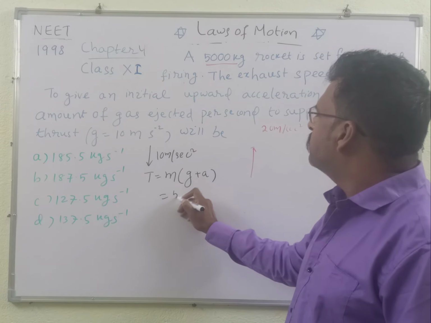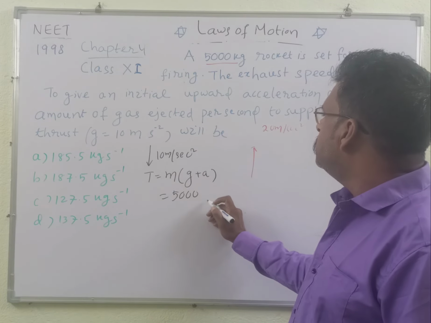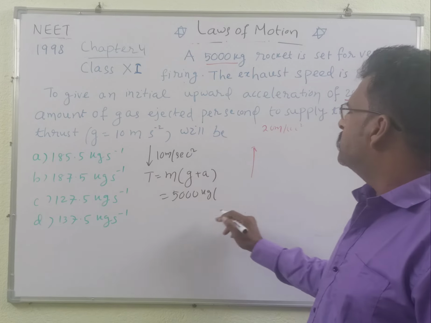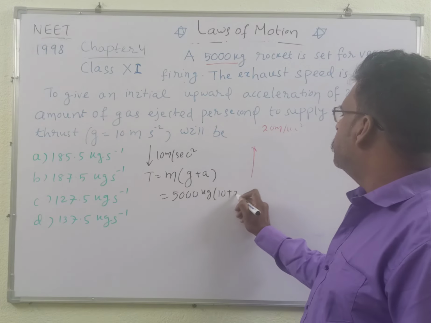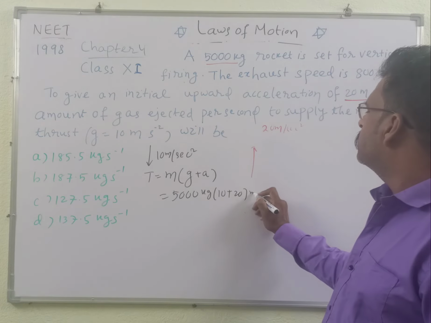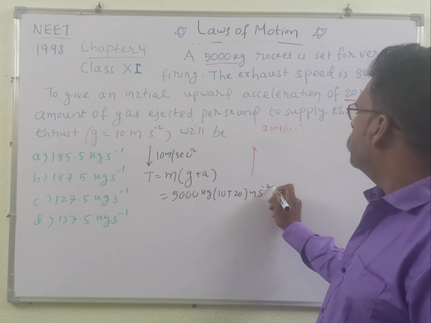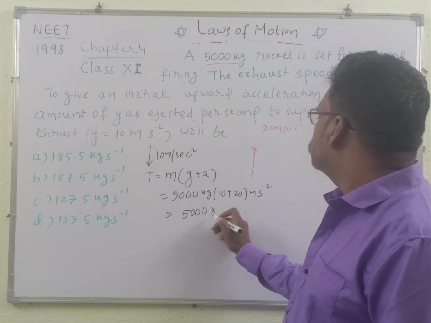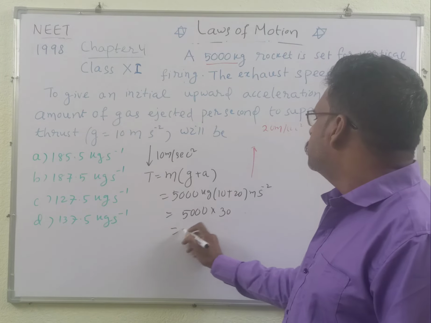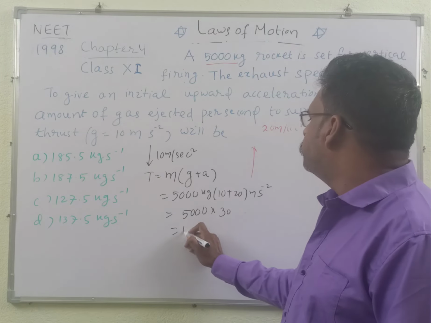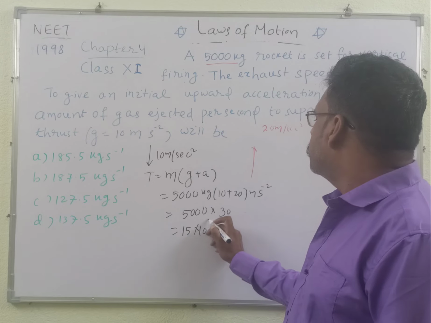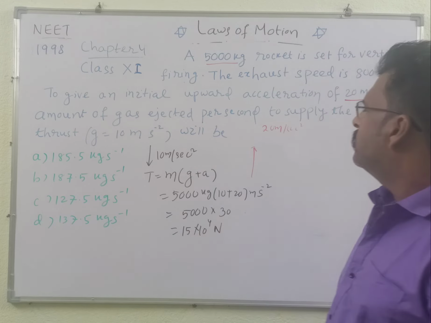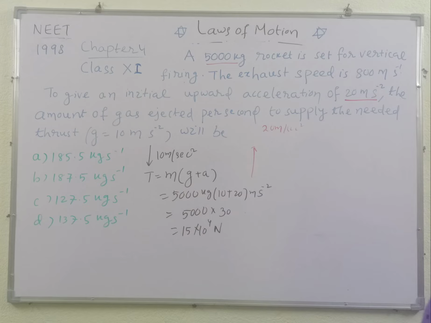Mass is given 5000 kg into 10 plus 20 meter per second square. So this becomes, student, 5000 into 30. Okay, students, so this becomes 5 into 3, 15 into 10 to the power 4 Newton. Okay, student, the thrust is this much.